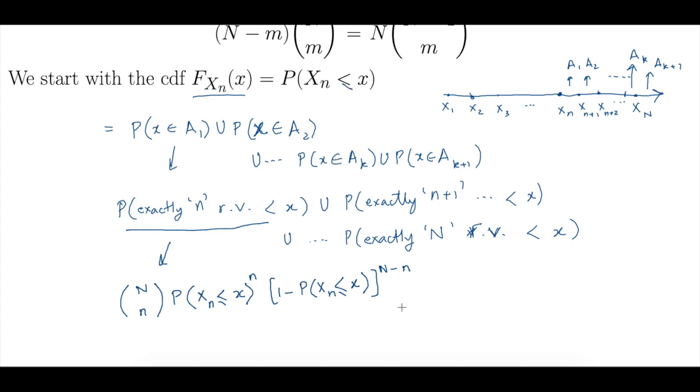This is not important for now, but then we can say that this is n plus 1. The only thing that will change is n plus 1 here, n plus 1 here, and n plus 1 here, up to this n here.